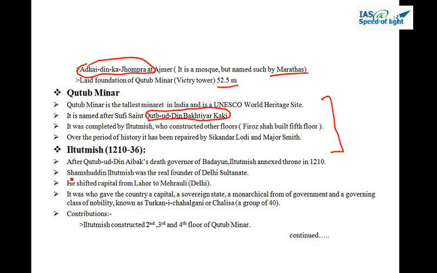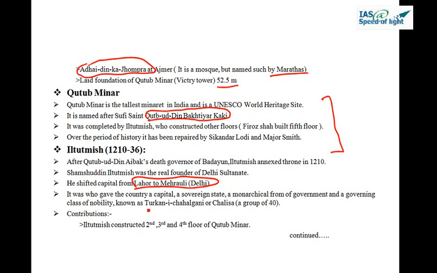Okay, so he was the one who shifted the capital from Lahore to Mehrauli, that is Delhi. It was he who gave the country a capital, a sovereign state, a monarchical form of government, sound administration, and also a controversial class of nobility, which we will discuss, known as the Turkan-e-Chahalgani or Chalisa.